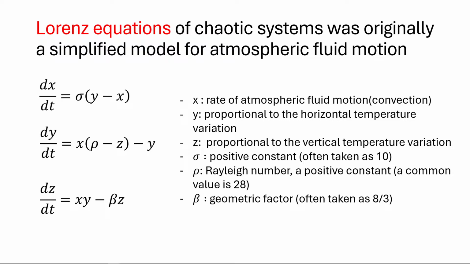But here you are looking at three variables: the rate of atmospheric fluid motion, the horizontal temperature and the vertical temperature. So basically you were looking at the motion x, how wind would move, as a function of vertical and horizontal temperature with some constants and geometric factors.